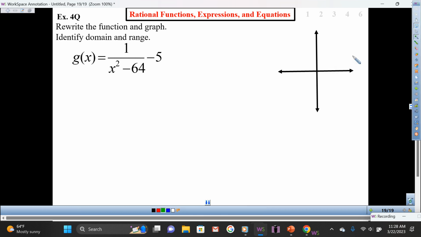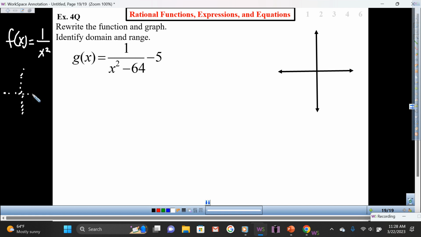All right. So, does it have a 1 on the numerator? Yes. Mental note. Tell your neighbor the parent function for that one. 1 over what? x squared. So mental note, what kind of graph are we going to end up with? The ones that are side by side. Okay. Because it's a quadratic.